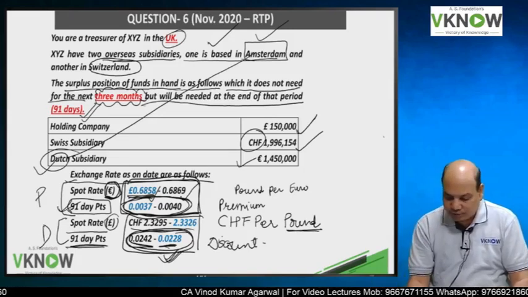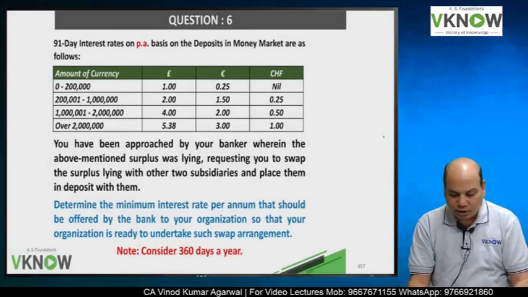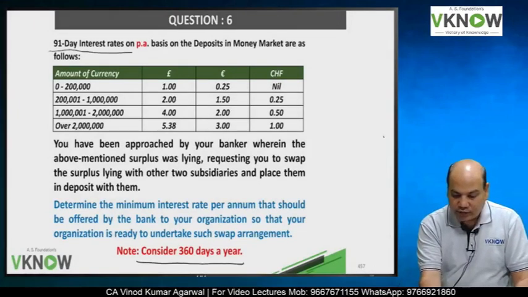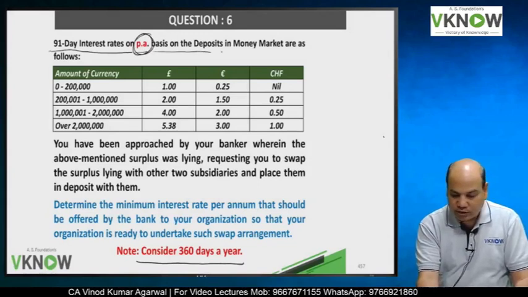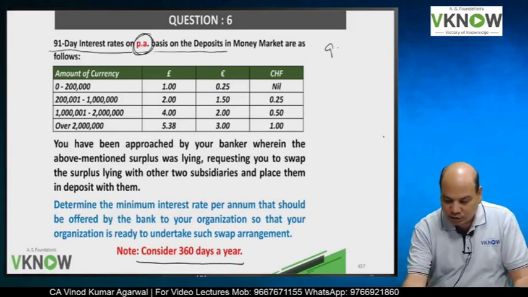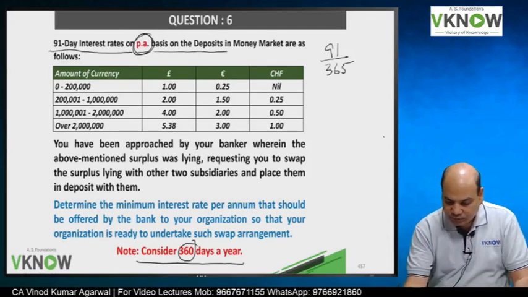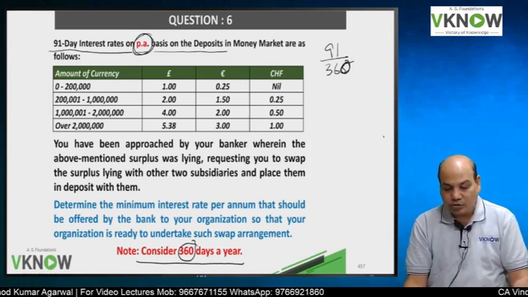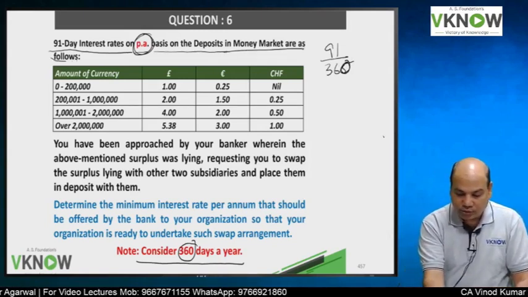So are you ready for the question? This question is very important. The 91-day interest rate is on a per annum basis. Underline per annum. So wherever you have to do the calculation, you have to multiply by 91 over 365, because the number of days are given as 365. So the 91-day interest rates on deposits in the money market are as follows.